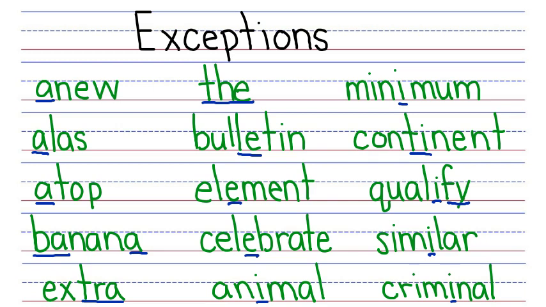Now, if you were to pronounce these words with a long vowel sound in each of the open syllables that we've underlined, they wouldn't sound quite right. I'll say them for you with long vowel sounds.